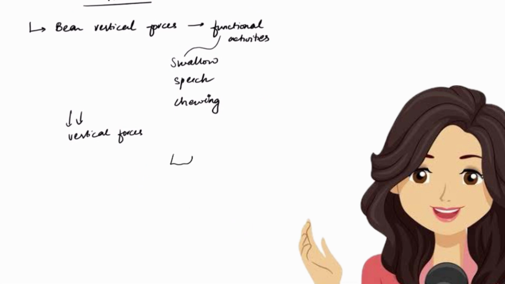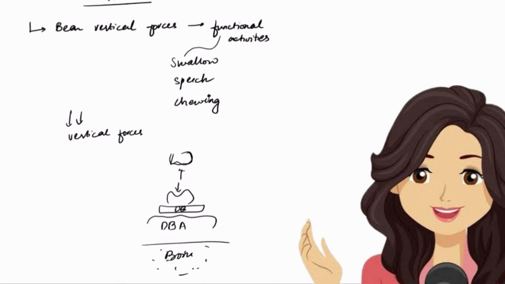Say, supposedly, this is a denture. This force is exerted on the teeth, goes through the denture base to the denture bearing area, and ultimately it goes to the bone which is present underneath. So that is actually the end point of the force that is generated during functional activity.